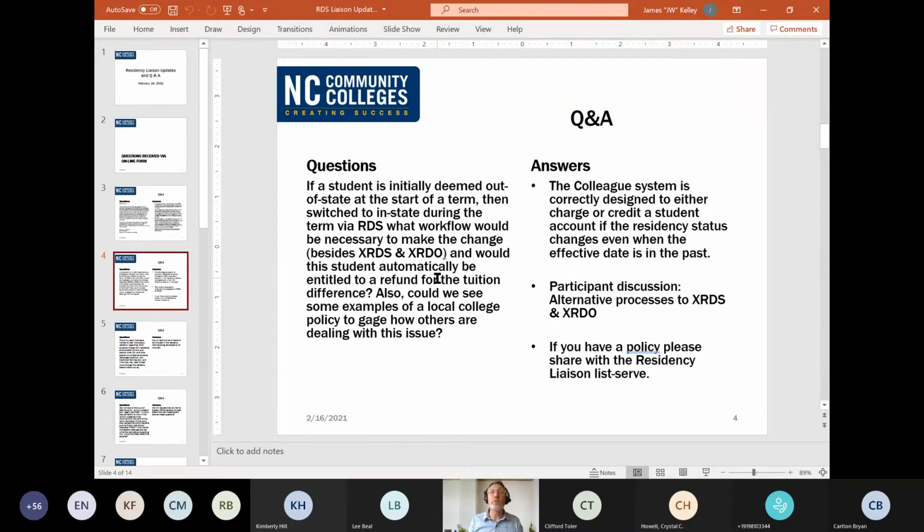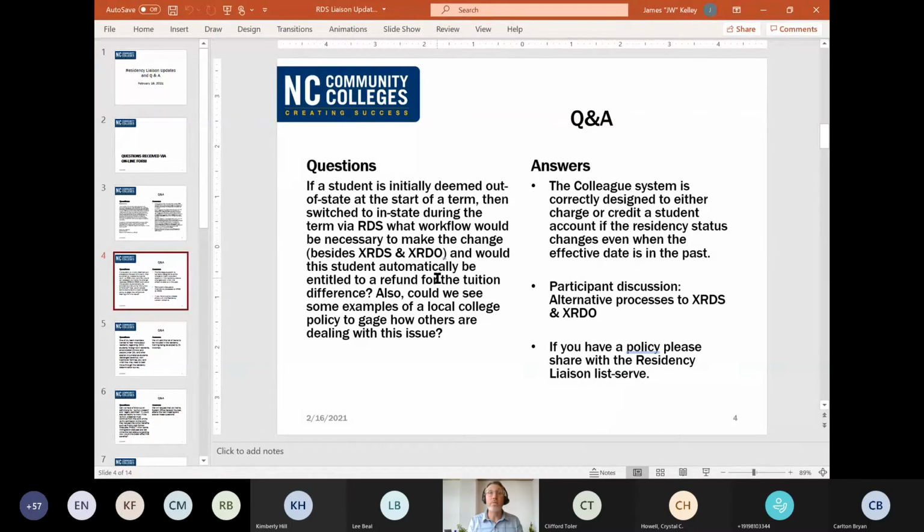So when RDS delivers, when you download an update and you receive a classification change and that effective date is in the current semester or in a previous semester, then Colleague, when you run bill for either one of those semesters, will update the charges for that student account, because our process and policy is that whatever the charges are for the current semester, and the current semester is defined as the semester that includes the effective date, then Colleague will adjust those charges or credits on that student account.